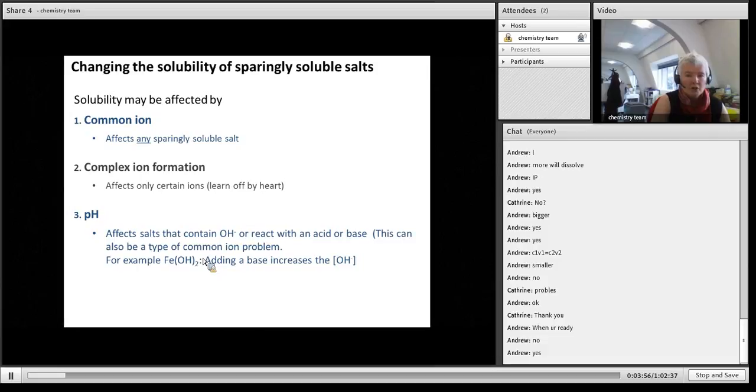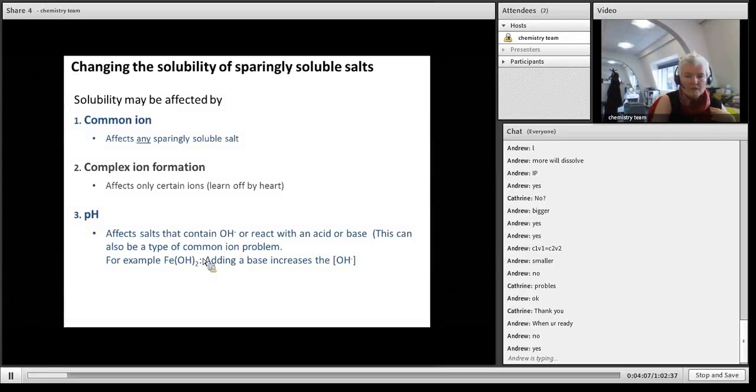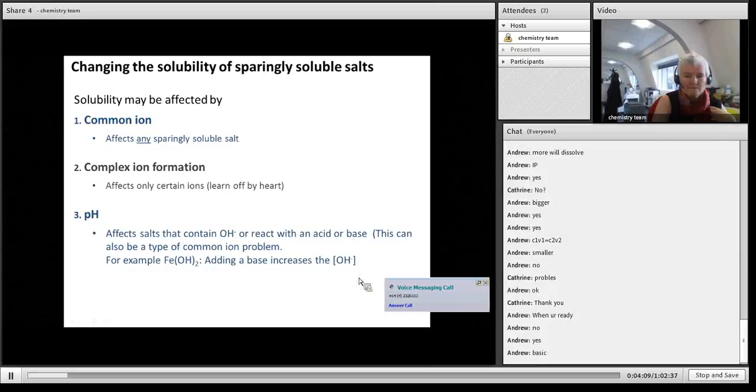So for example, if you have a carbonate, silver carbonate, what do you know about any carbonate? Are they acidic, are they basic, or are they neutral? They're basic.